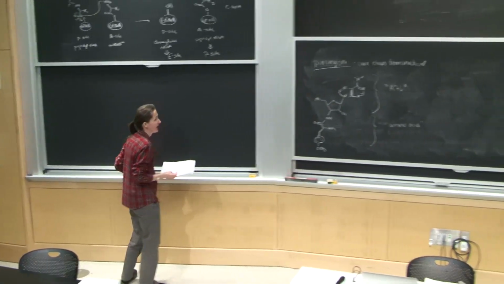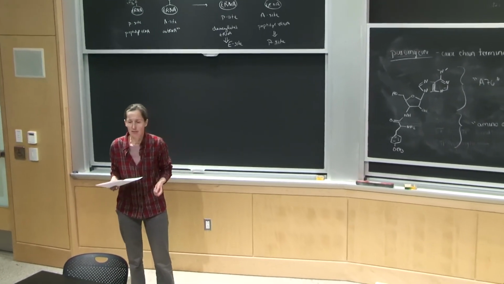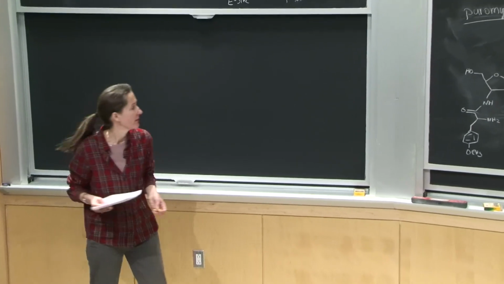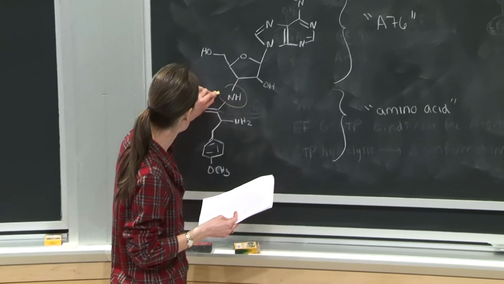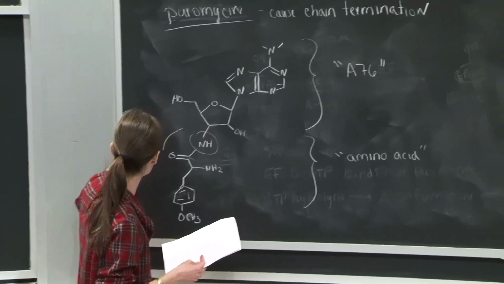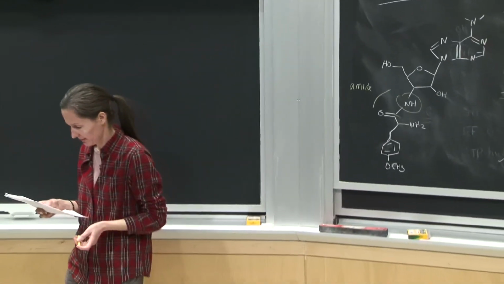How are the amino acids attached to the 3' end of the tRNA? What kind of linkage? Yes, we have an ester in the normal circumstance, and here we have an amide. So this is non-hydrolyzable.